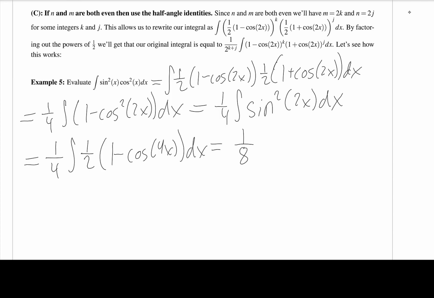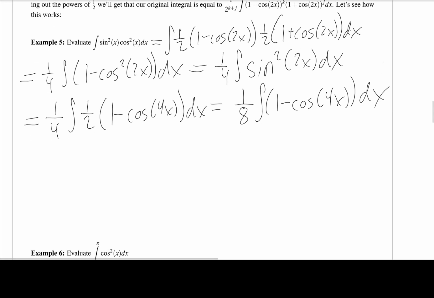So this is 1/8 times the integral of 1 minus cosine 4x dx. And then from here, we can just integrate. The proper way to integrate from here is, when we're integrating this part, cosine of 4x, we use u-substitution. So if you need to, go ahead and use that.